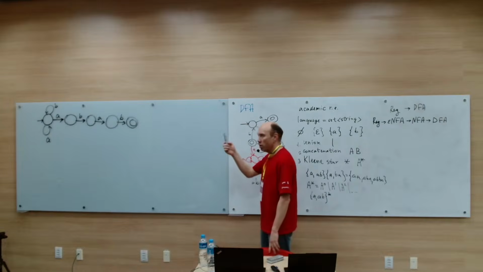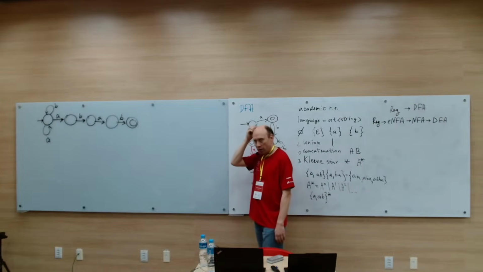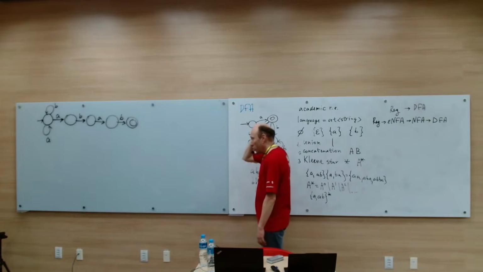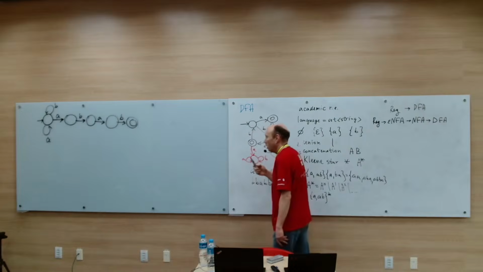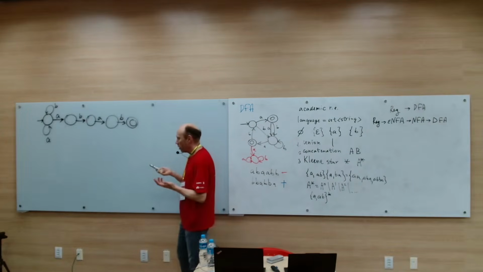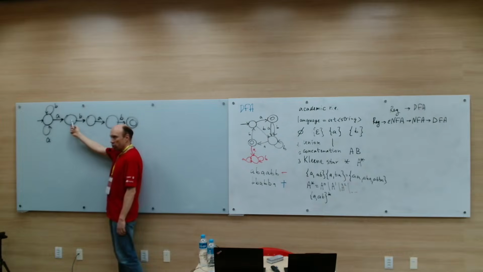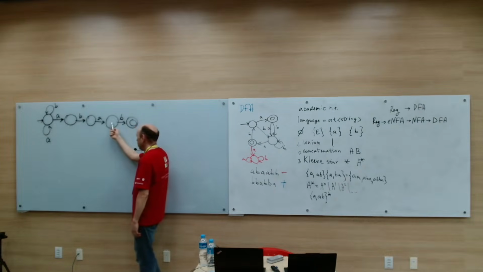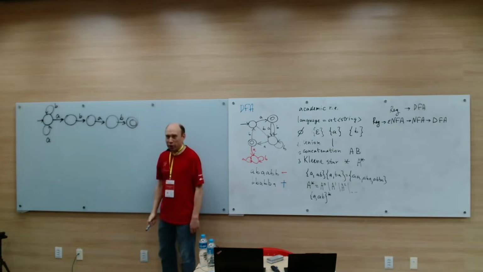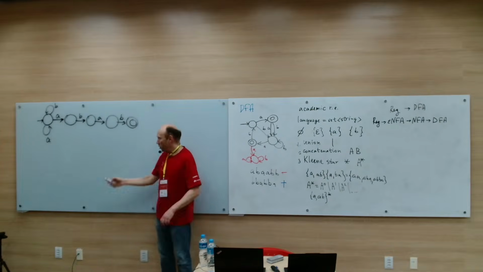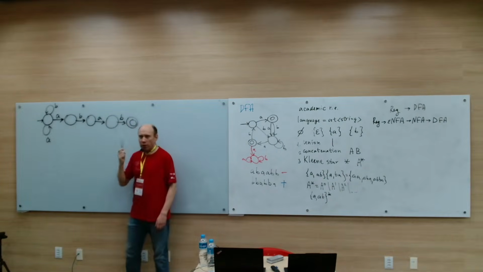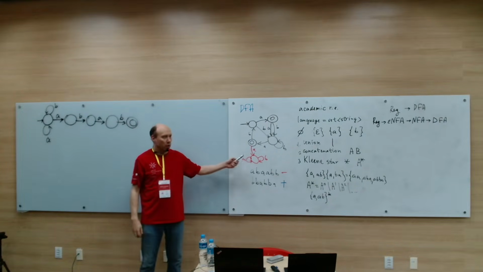It is not the DFA because there are problems for some states. For example, for this state there is no transition on A, no transition on B, and no transitions at all. But this problem for these four states, we know how to solve easily with the sink state.